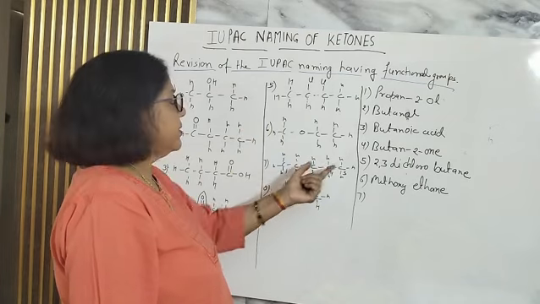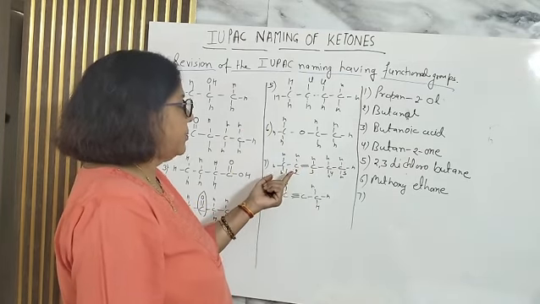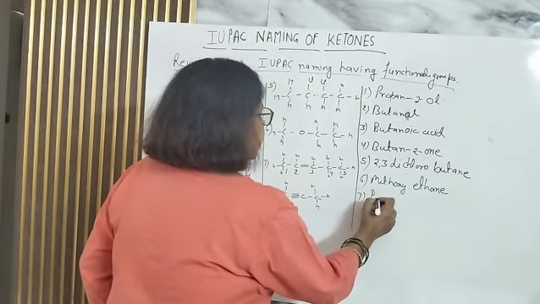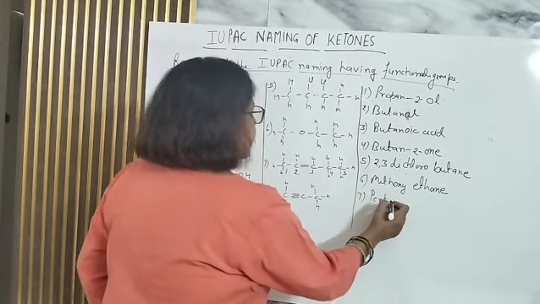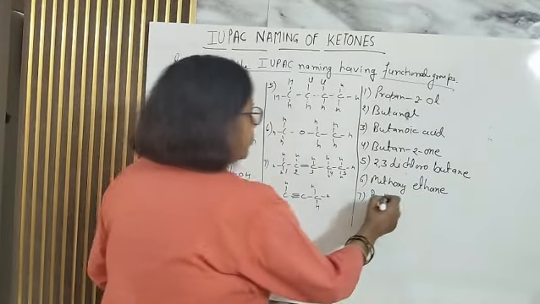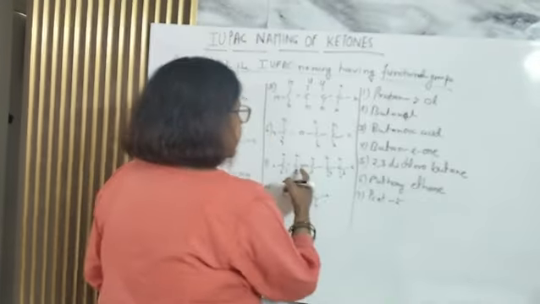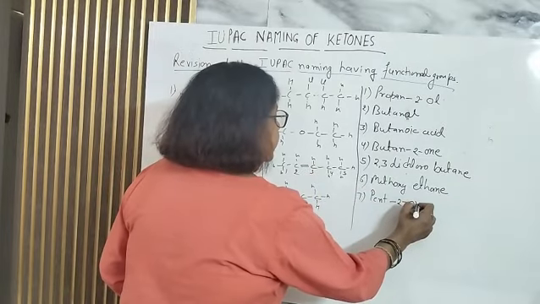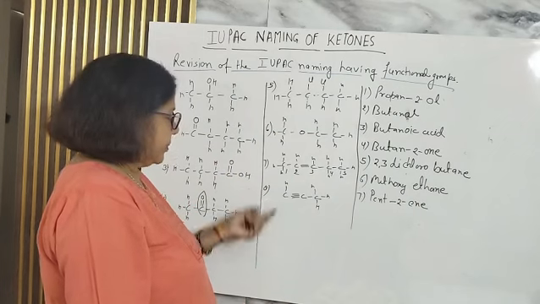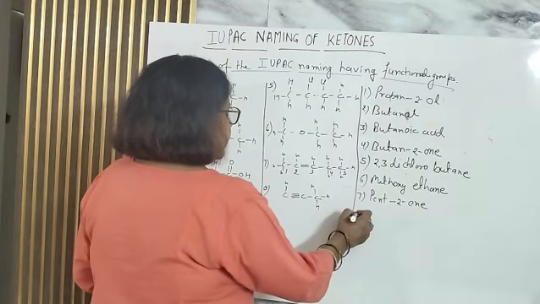So what will be the name of this compound? Pent. From the 5 carbons, the prefix is pent. Then the smaller number between 2 and 3, 2. Pent-2, and then double bond means ene. Pent-2-ene. Right?